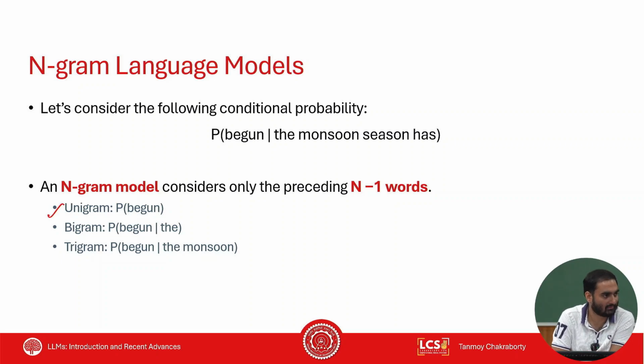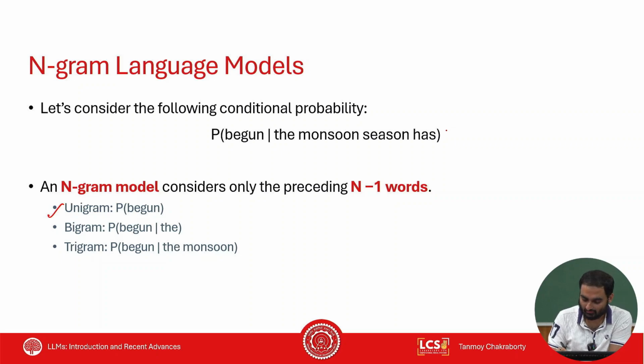If we take the unigram assumption, then this is essentially the same as the multiplication of all the unigram probabilities. If it's a bigram assumption, then we will only look at the previous word, right? If it's a trigram assumption, then we look at the last two words, and so on and so forth.